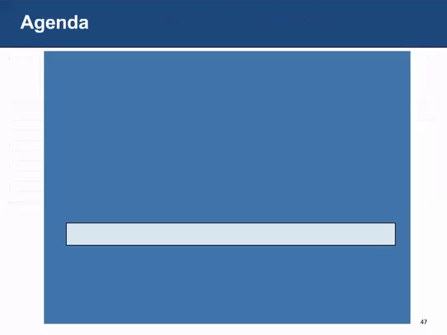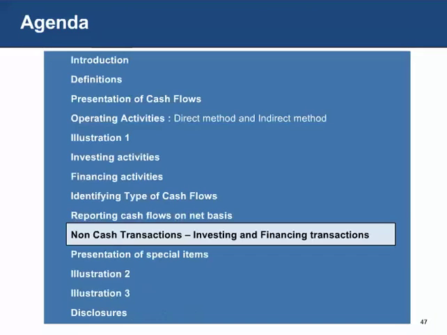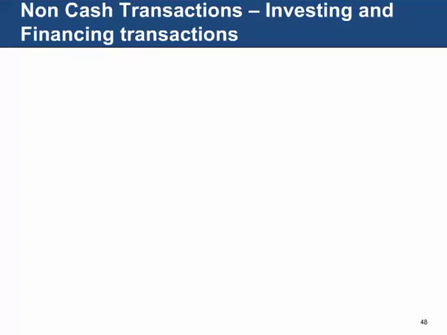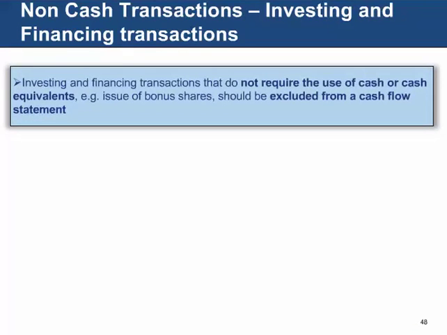So now let's understand non-cash transactions, which can be generally in the case of investing and financing transactions, how they are required to be presented under Accounting Standard 3 cash flow statement. So friends, non-cash transactions, which may be either investing or financing transactions that do not require the use of cash or cash equivalents, for example, issue of bonus shares, should be excluded from a cash flow statement.